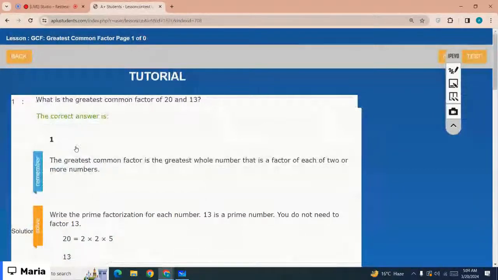The first question is: what is the greatest common factor of 20 and 13? Let's start with the first example.